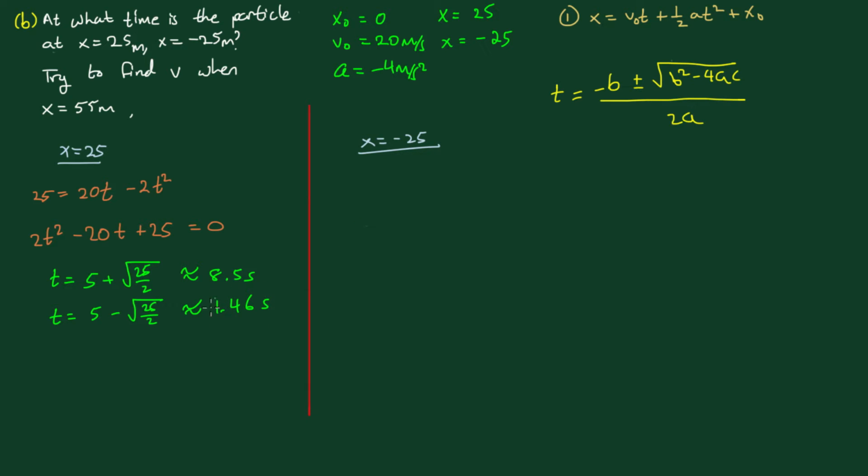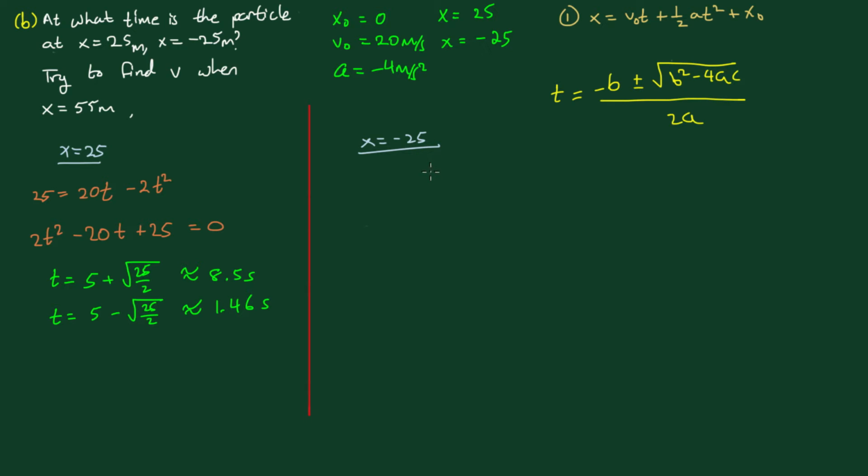So it first passes x equals 25 meters at 1.46 seconds, and then it goes and stops and turns around and passes back that same point at a later time, 8.5 seconds.